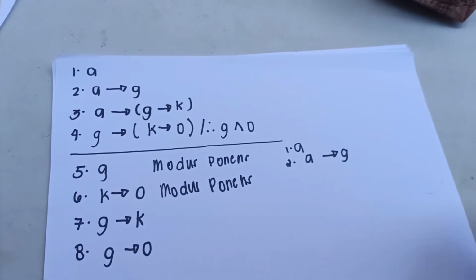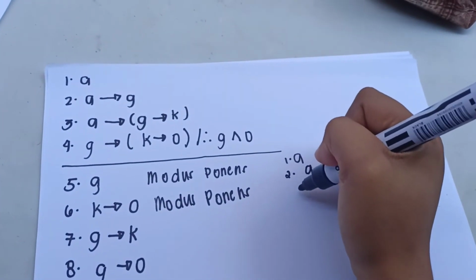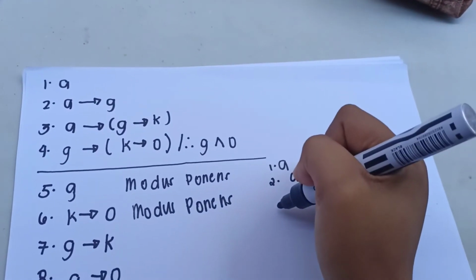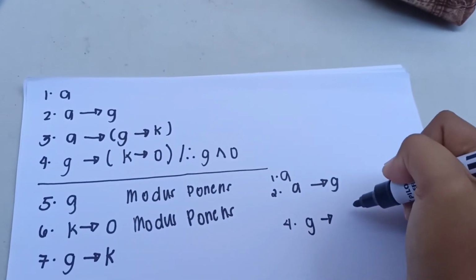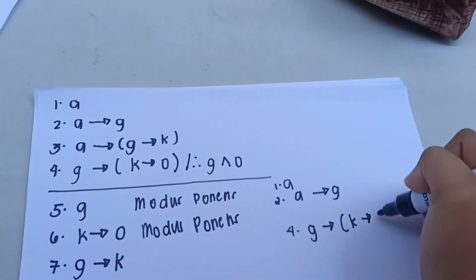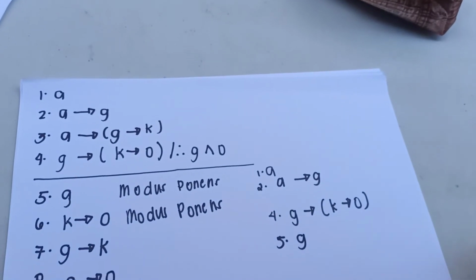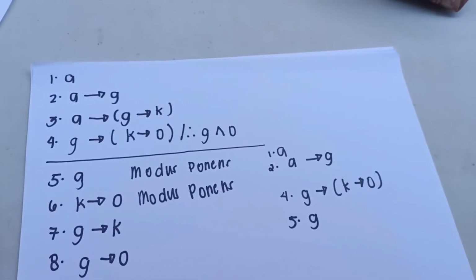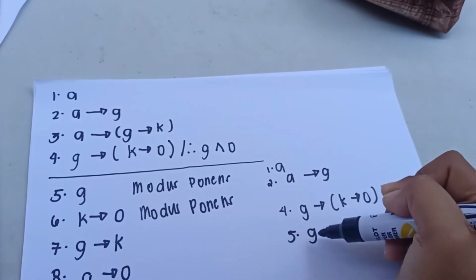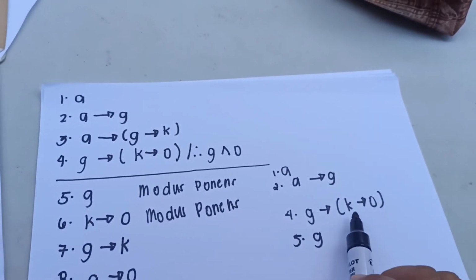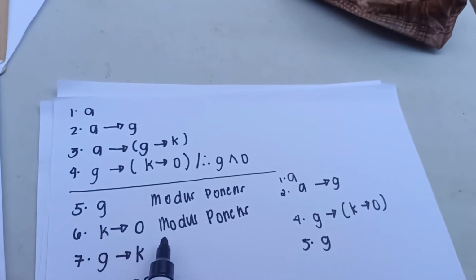If we combine number 4 and 5, so yung number 4 natin is G implies K implies O. Then, number 5 is G. So, yung modus ponens natin, alam naman natin na if meron silang same na dalawa, yung G is same sila. So, yung natira na lang is K implies O. So, kaya naging K implies O yung number 6.